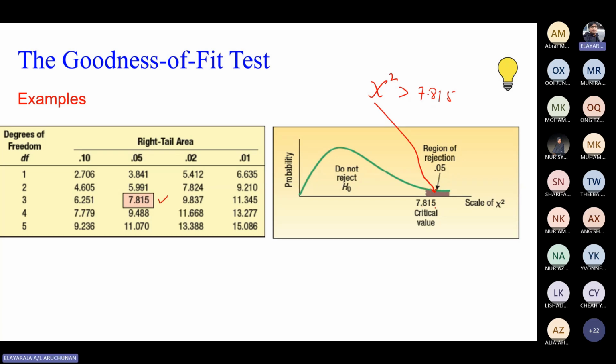If it is less than 7.815, then we do not reject the null hypothesis. This is the idea.